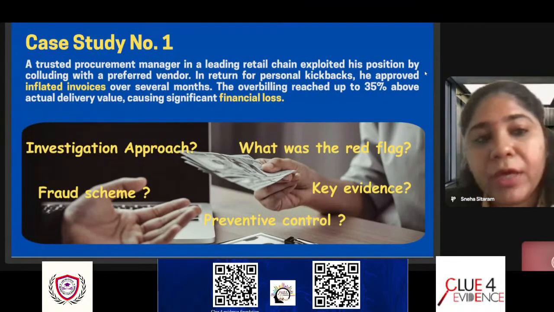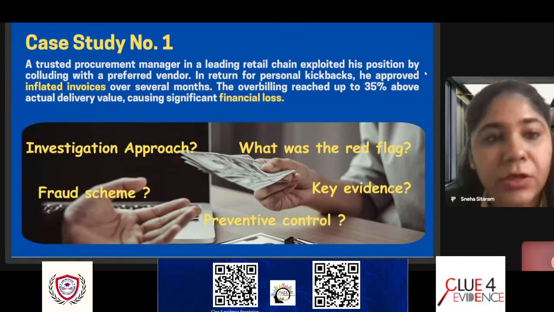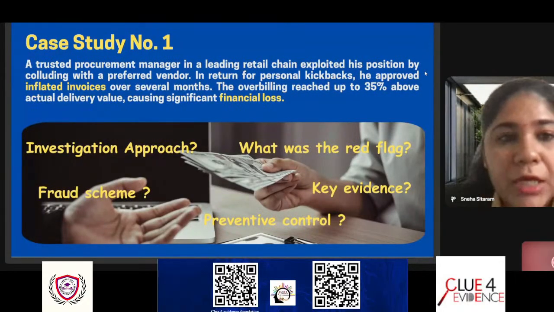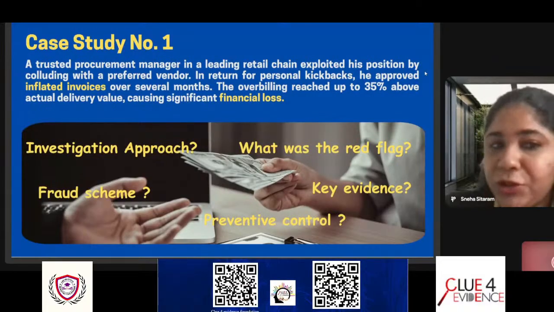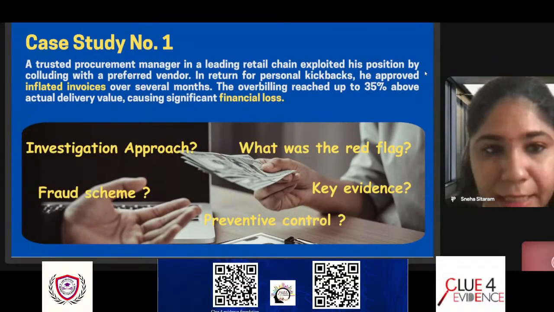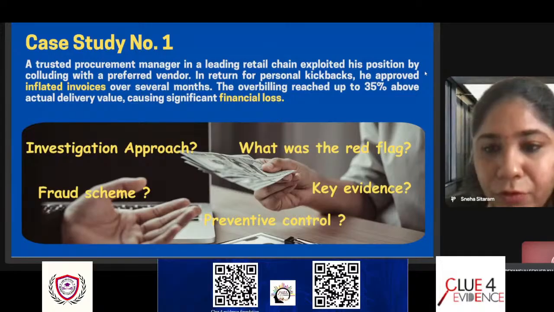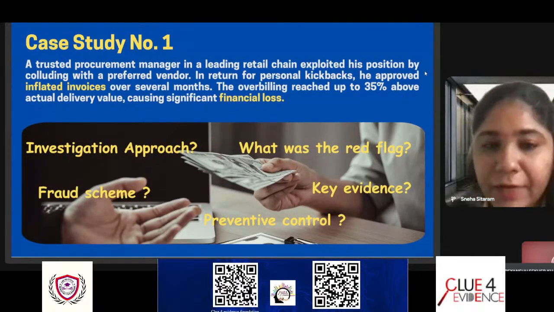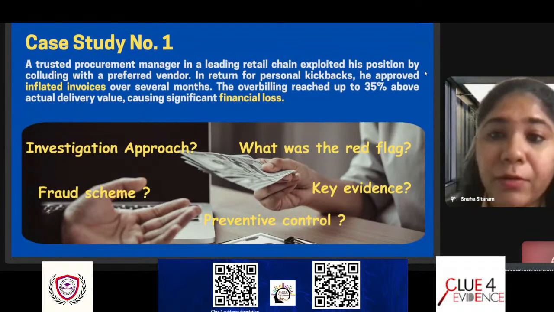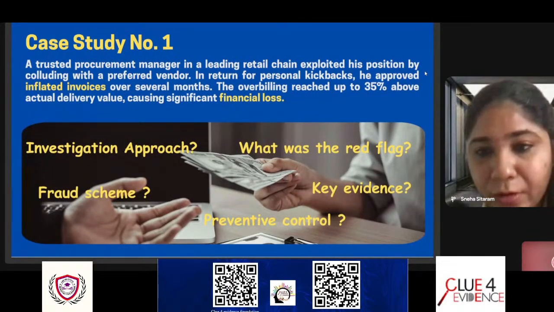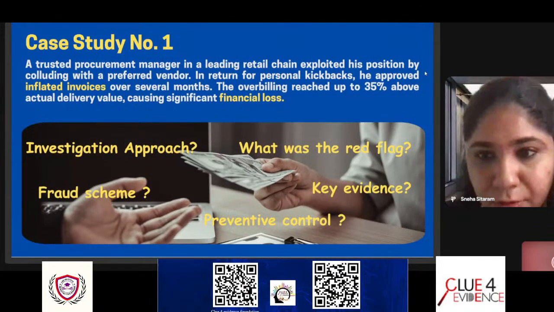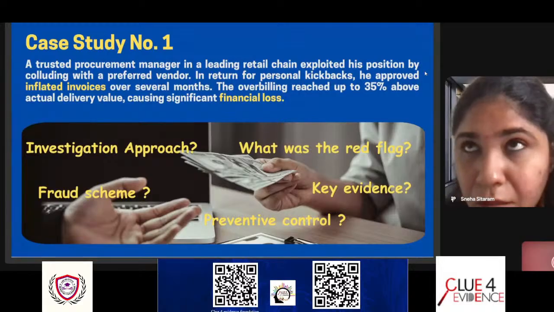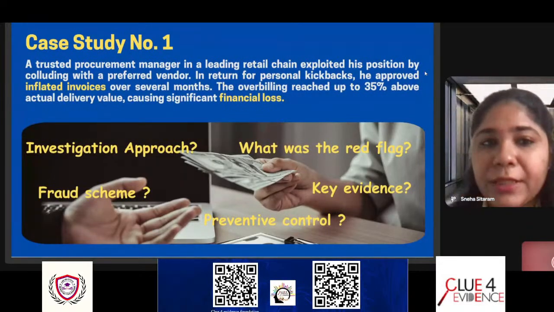So how do we confirm that he has committed the fraud, that he has colluded with the vendor? Anyone wants to give a try, what else can be done for this? Interview, yes, interview will definitely give you some behavioral patterns, but what if he says no? Call records, interaction between them, yes, okay, we can put it in this way.